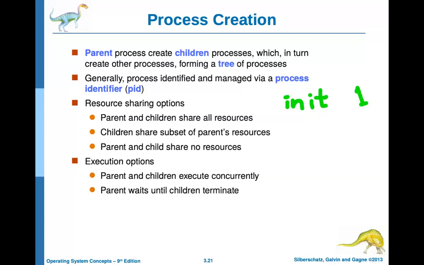And I am saying except init because that is the grandparent process, right? Whenever any process creates a new process, the newly created process becomes the child process, and the process that creates that child becomes the parent process. Anyways, we'll see a practical example for that.